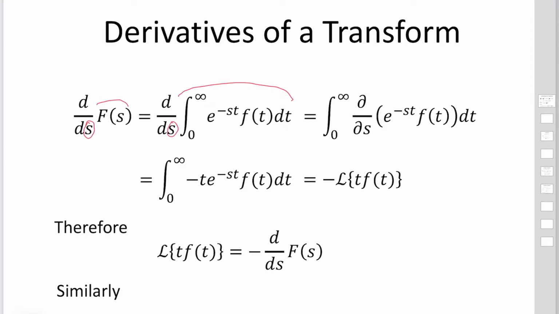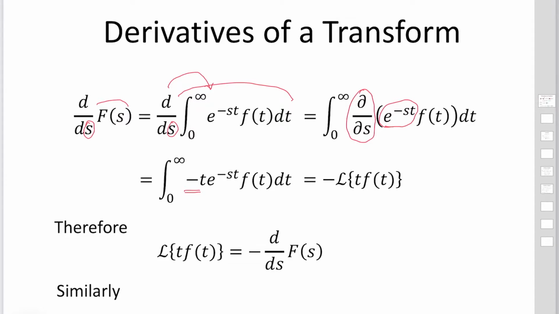And we'd like to find out the derivative with respect to s. So we'd like to move the derivative inside of the integral. Then we change to the partial derivative. Exponential minus st is a function of s. Then we could perform the derivative with respect to s on the exponential of minus st to produce a minus t.